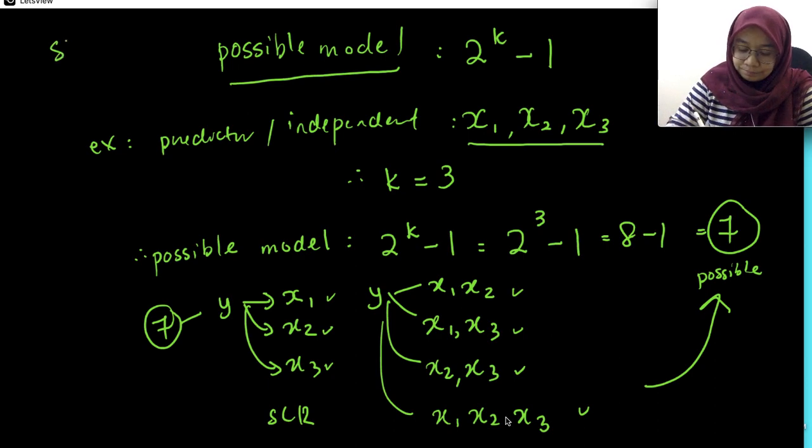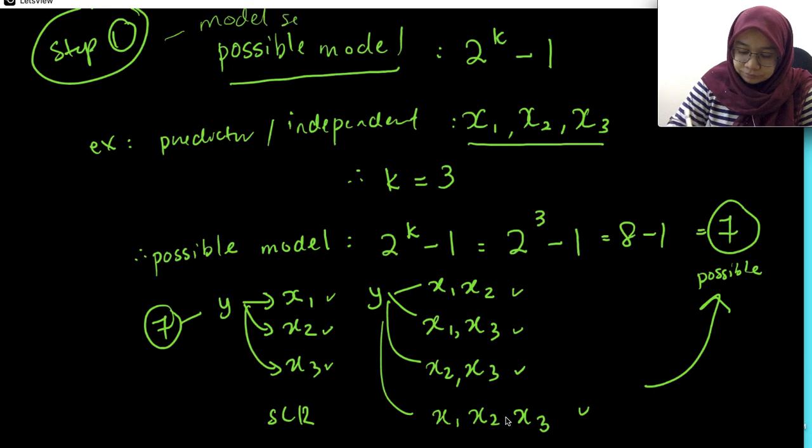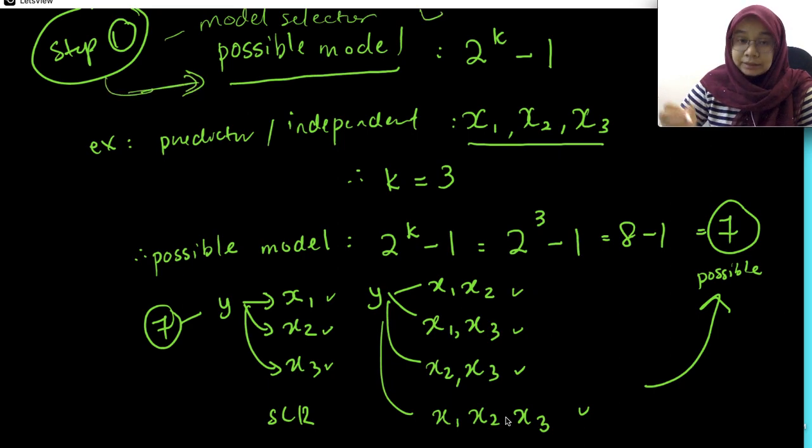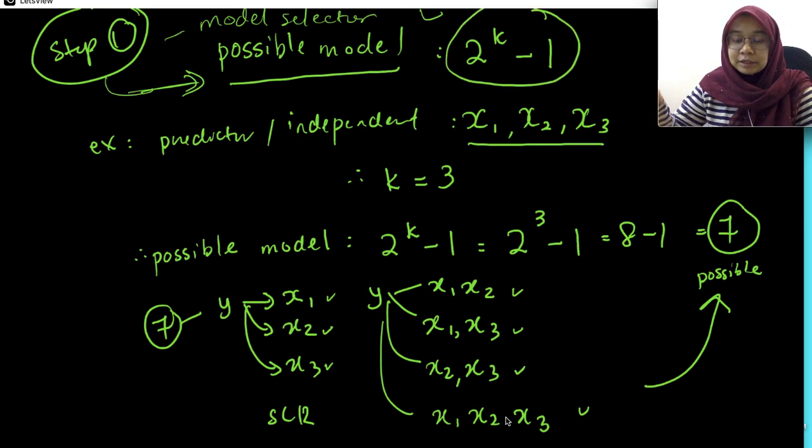This is step number 1 in model selection: determine the possible models. How do you determine the possible models? We use this formula, 2 to the power of k minus 1. What is k? k is your number of independent variables.